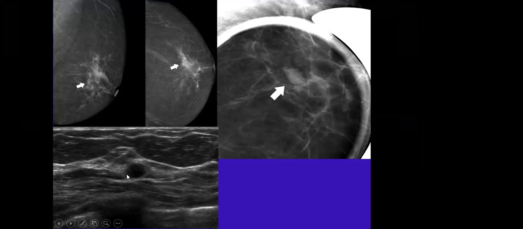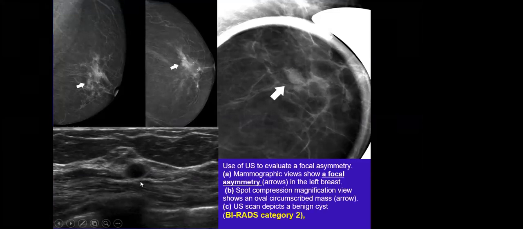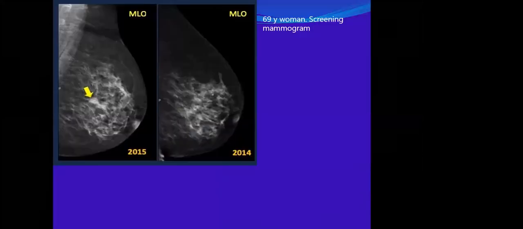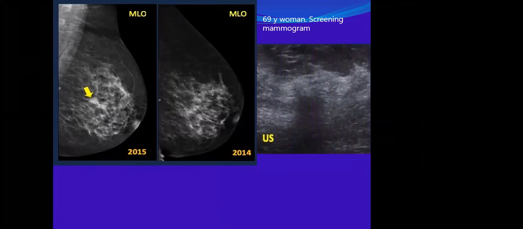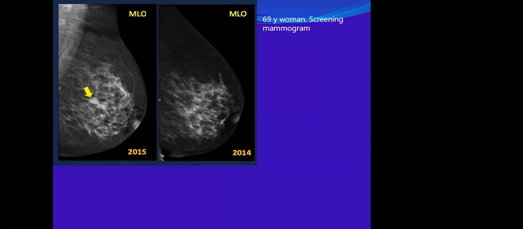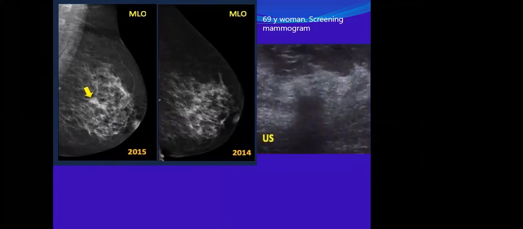Ultrasound revealed that the mass is just a cyst, so we downgrade the lesion to BI-RADS 2. And in this case, this is 2015, this is 14, and this is 15. So in screening mammography, we are dealing with developing asymmetry.